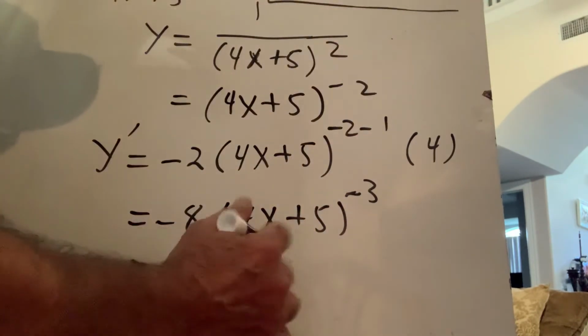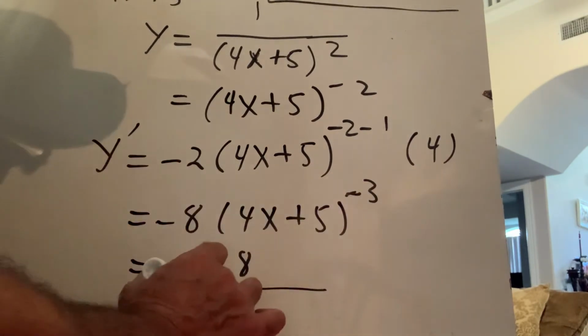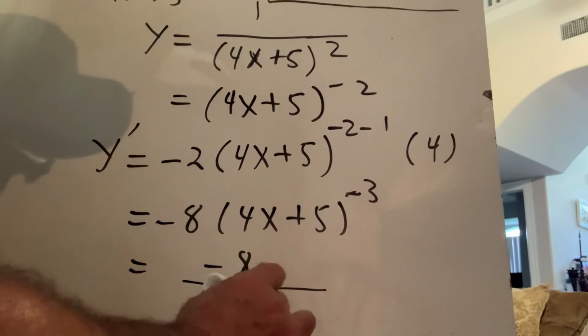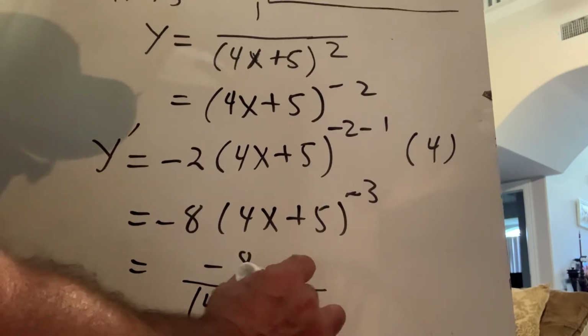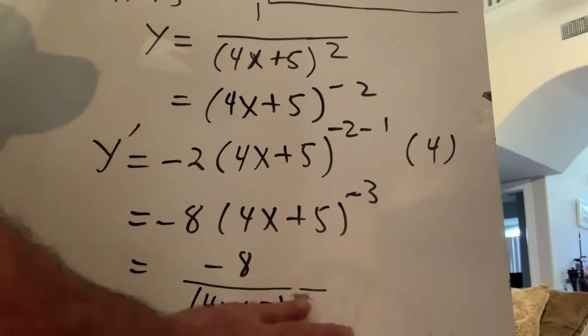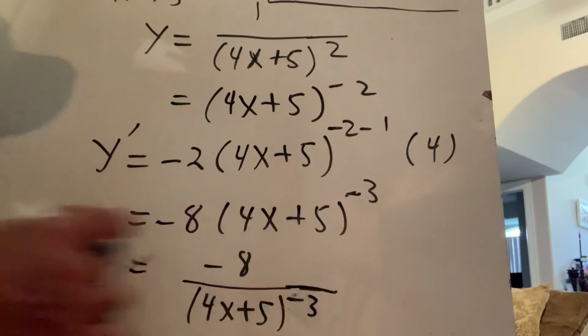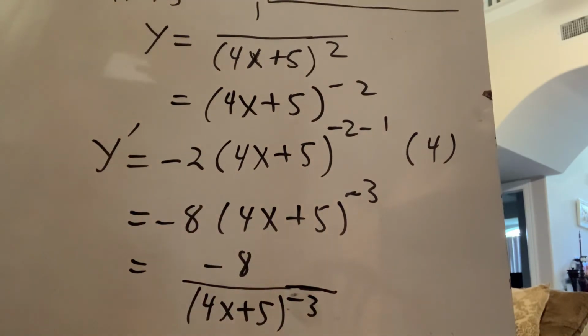Either way, that's the exponent rule from algebra. So we just change the power from negative 3 to positive 3. You could have kept it with a negative exponent, but most of the time, the back of the book doesn't like to leave it as a negative exponent. So that should be your derivative.